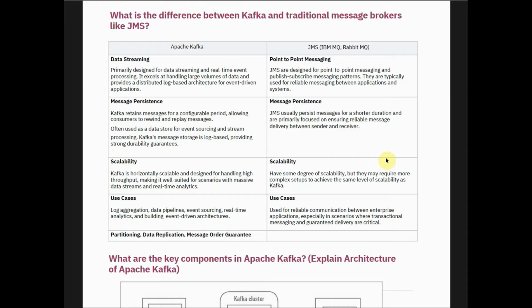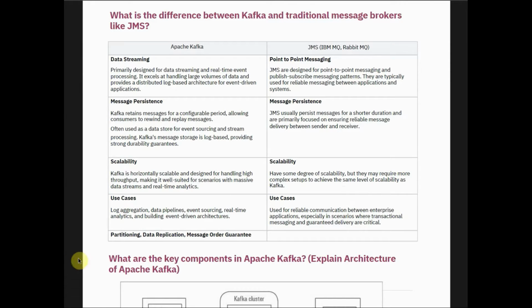Now next point is about use cases. Apache Kafka is used for log aggregation, data pipelines, event sourcing, real-time analytics and building event-driven architectures. While on the other hand, traditional brokers like IBM MQ, RabbitMQ are used for reliable communication between enterprise applications, especially in scenarios where transactional messaging and guaranteed delivery are critical.